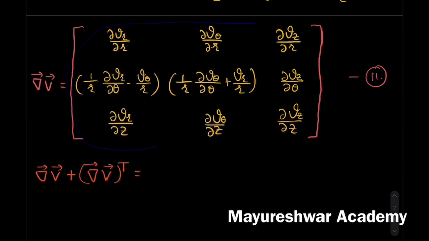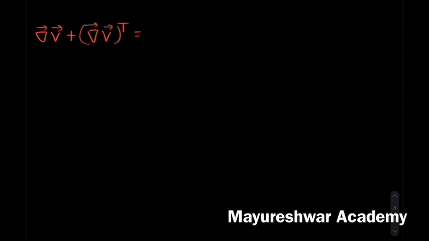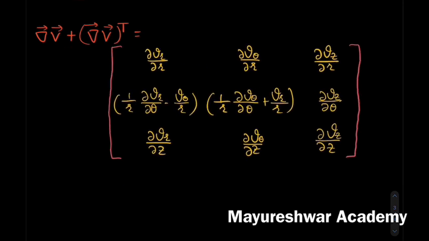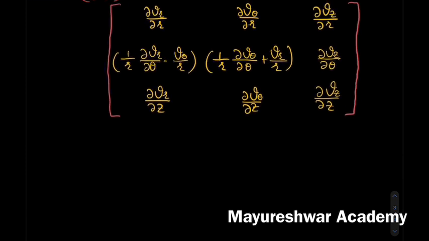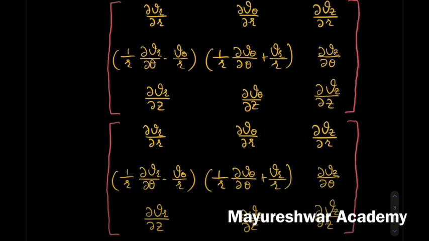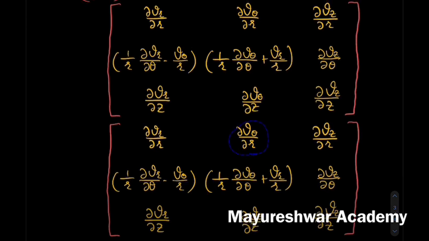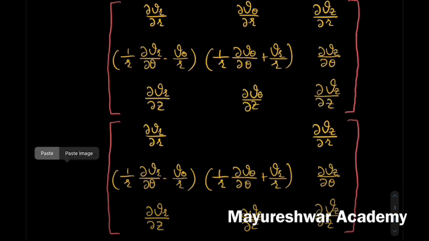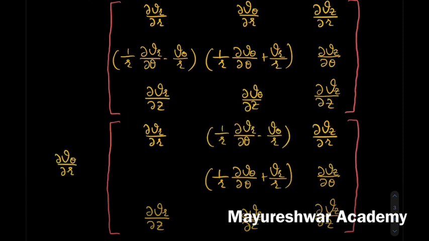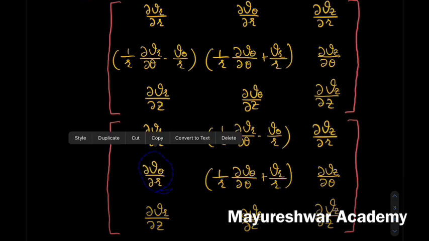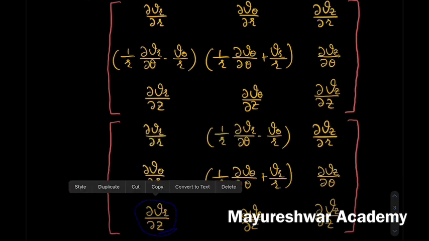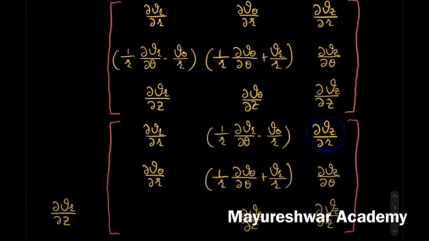Let us copy this entire matrix first of all and paste it, plus the same matrix. The only thing is we need to transpose it, so we need to change the non-diagonal entities. Diagonal entities will remain the same. So let us copy this and paste it somewhere else. Let us move this. What I am doing is transposing the matrix.